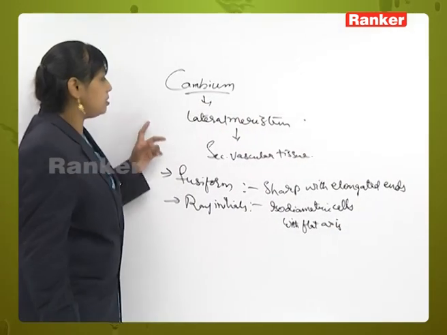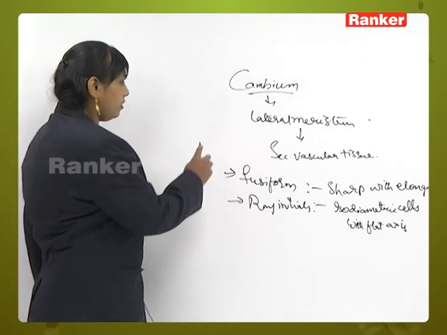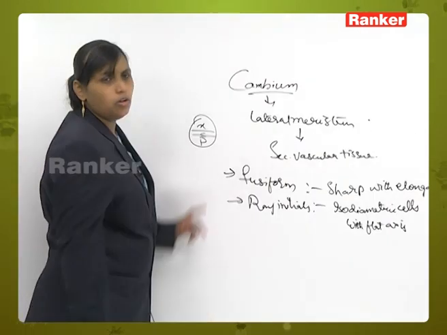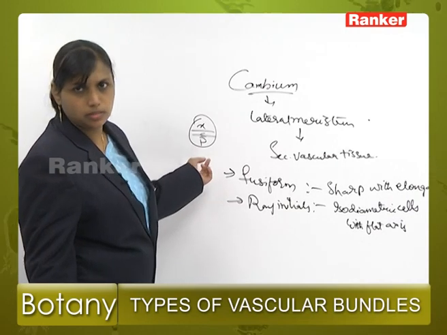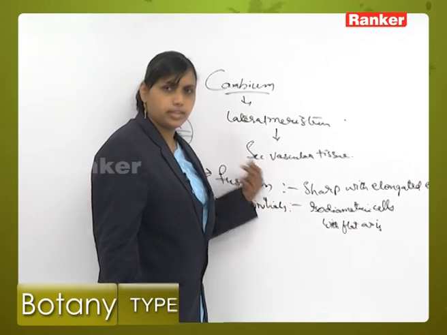So, cambium is nothing but a type of lateral meristem which gives rise to secondary vascular tissue. If it is present in between the xylem and phloem, then that is called the open type of vascular bundle. It is formed during the growth of secondary vascular tissue.